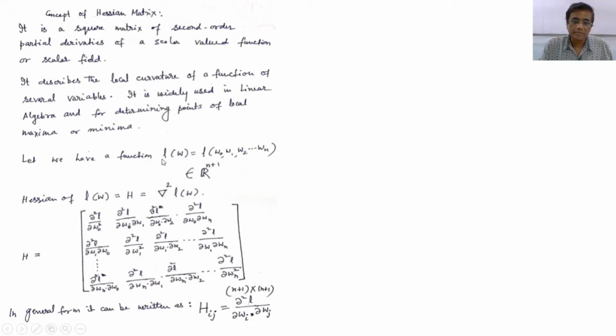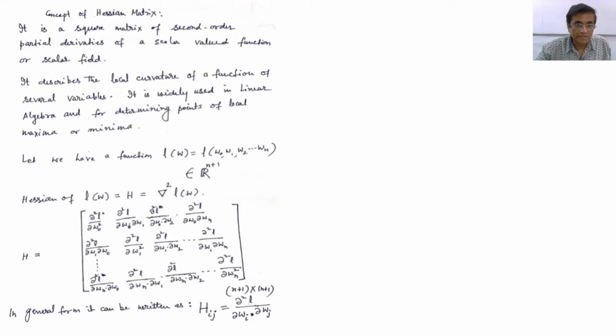Say I have a function, it could be our likelihood function, L(W), of several variables, W0, W1, W2, up to Wn, okay? In that case, the Hessian matrix will be the second order partial derivatives of this function with respect to all the variables. Look here.